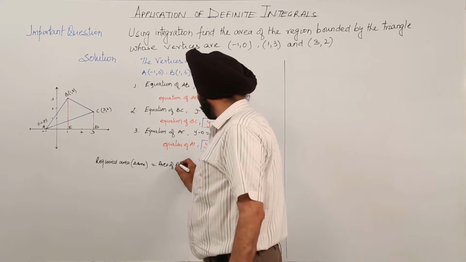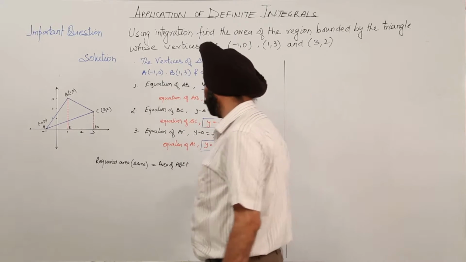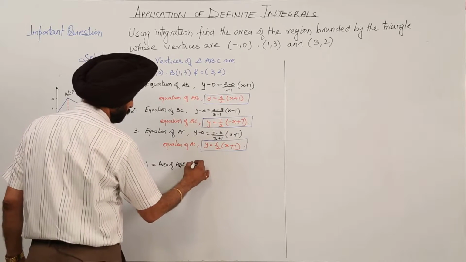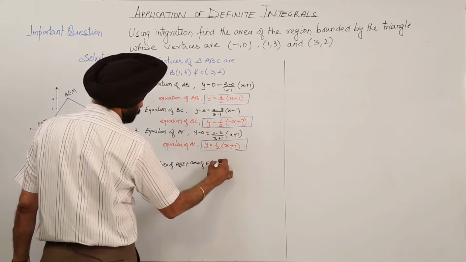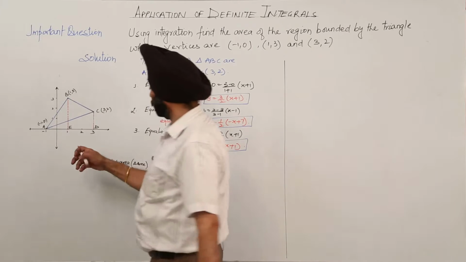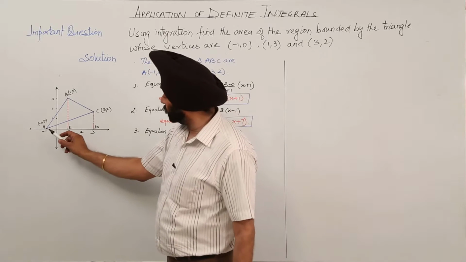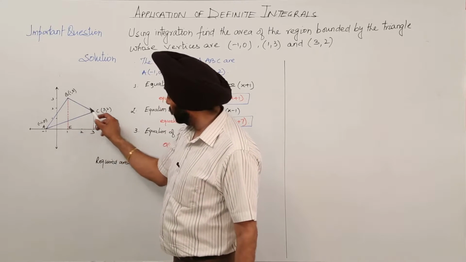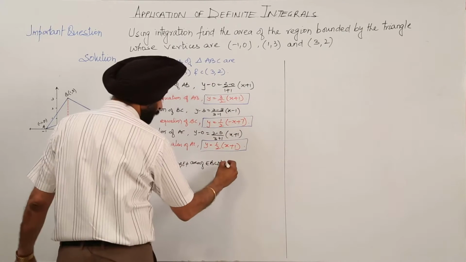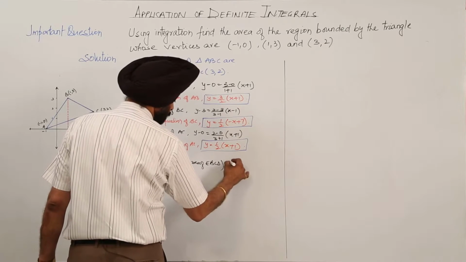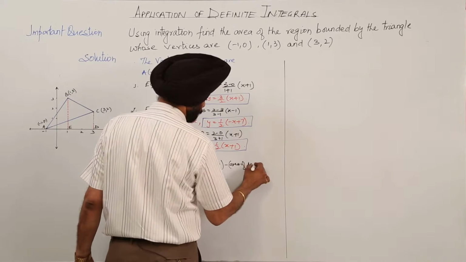So area of ABE plus area of EBCD, area of E, B, C and D. It means we have got the area from points A, B, C and D up to the x axis. Is it clear? Minus area of ACD.